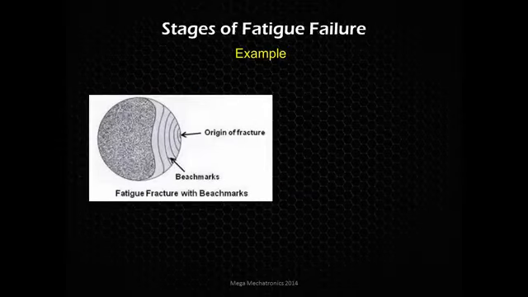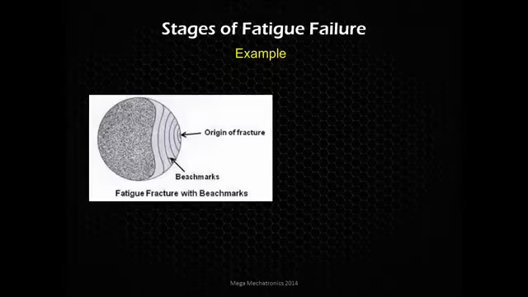So looking at an example, we have a fatigue fracture with visible beach marks. There are beach marks that are typically visible to the eye, and you could see how those beach marks radiate from the origin. So that's a very good indicator. And this is the ideal.